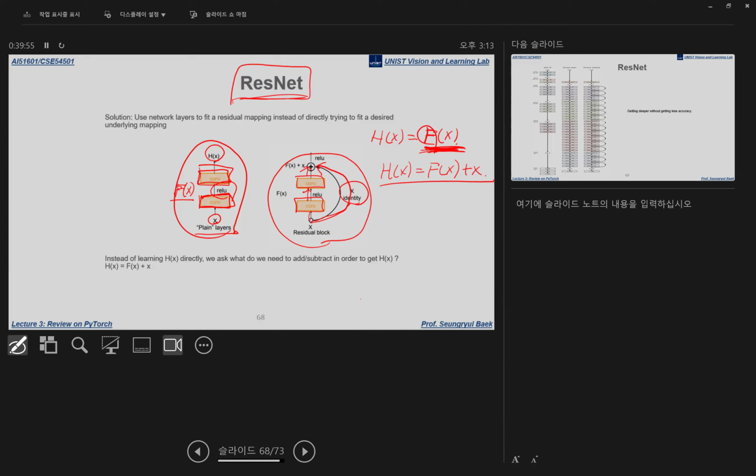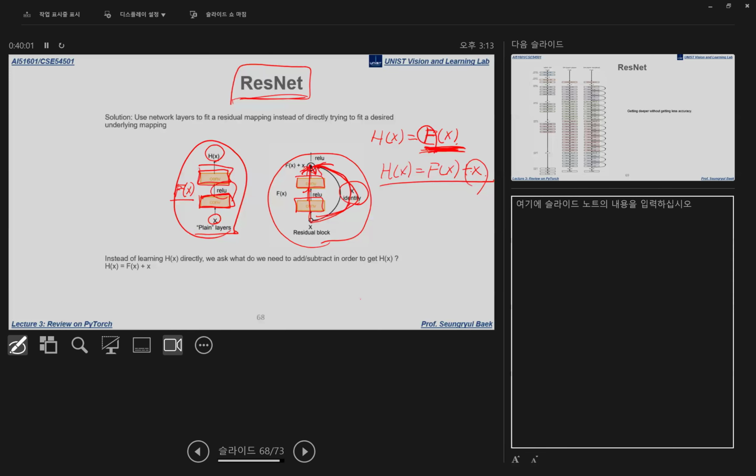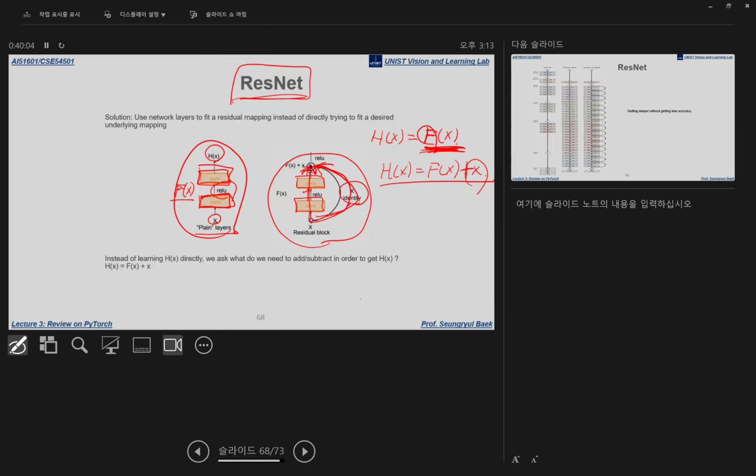So here, F(x) is retained, but you have another route to add the original input that does not go through these F(x) functions, okay? And then if you differentiate this with respect to the input x, the original input x, now the gradient looks like this, okay?